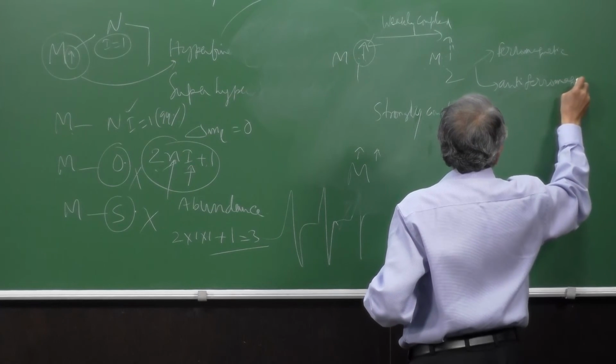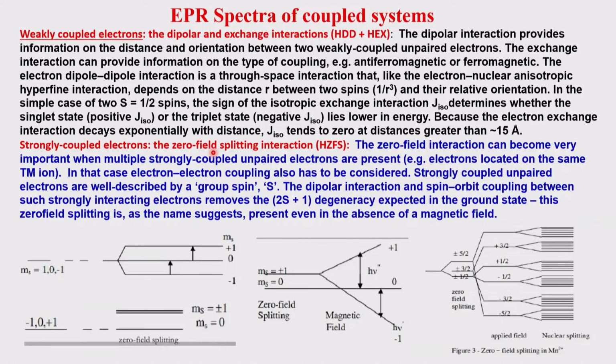I have already explained this in the past when I talked about the magnetism aspect, so it is nothing new. The interaction between the 2 spins is proportional to 1 by r cubed.